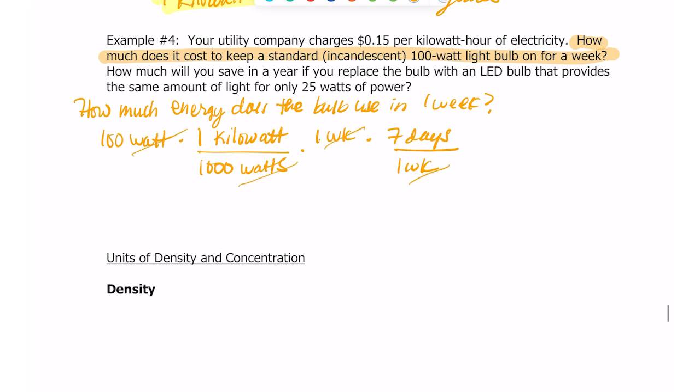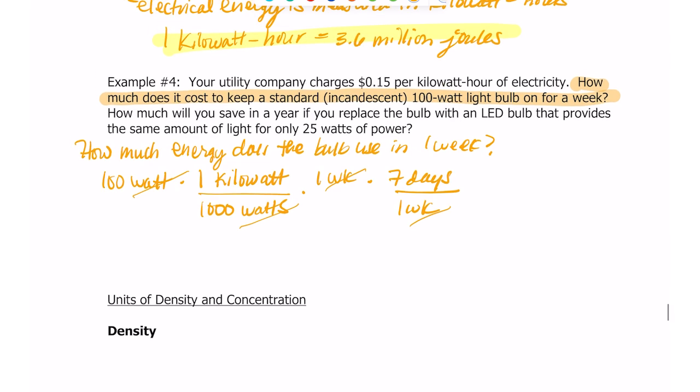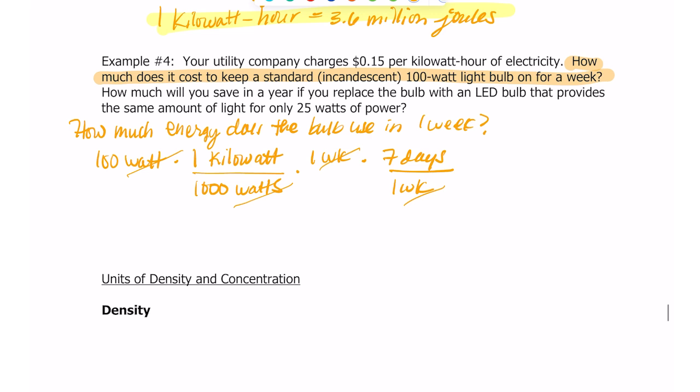And I want my days to cancel because I need it in kilowatt hours. There's 24 hours in 1 day, and now my days will cancel, and I'm left with the units I want, which is kilowatt hours. So you just multiply straight across and divide by 1,000. So 100 times 7 times 24 divided by 1,000, and you should get 16.8 kilowatt hours.